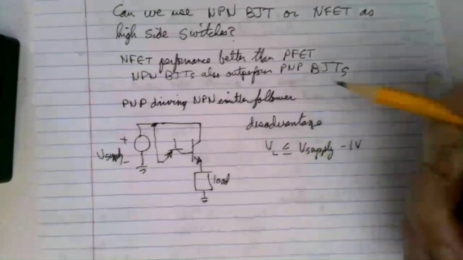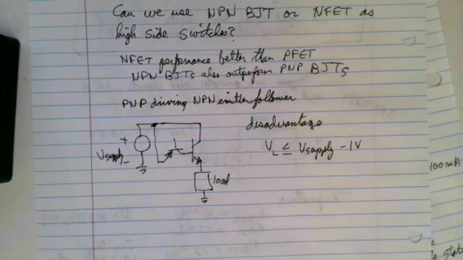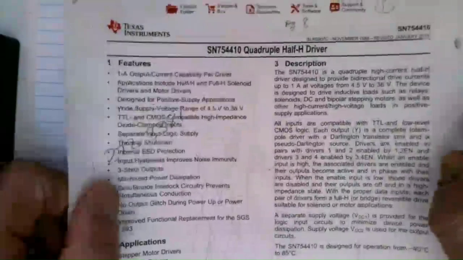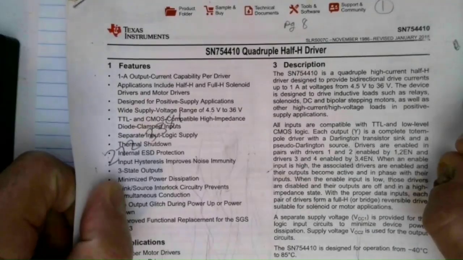of drop? Now, before you say no one could ever be so crazy as to do something like that, I just want to show you this schematic of a part that some of you may be familiar with. It's this part right here, quadrupole half H driver.